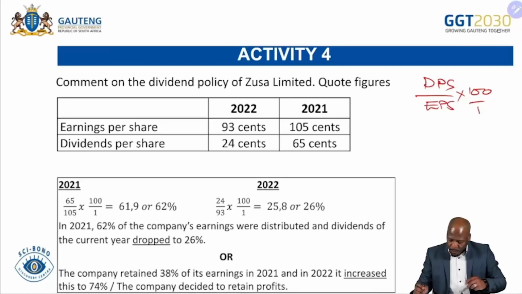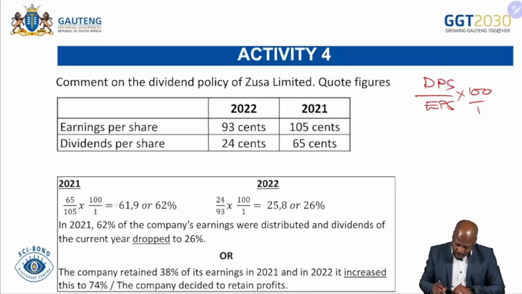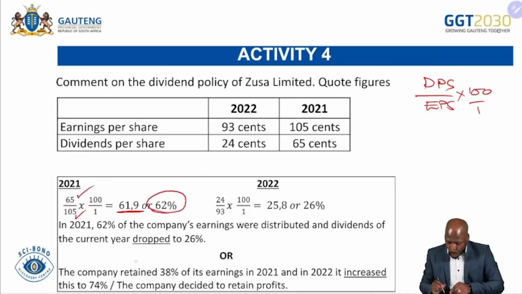Now, let's start in the year 2021. Our dividend per share was 65 cents, and our earnings per share is 105. And we have 61.9% or 62%. What does that mean? Of the earnings that the company received in 2021, the company has distributed dividends equal to 62%.